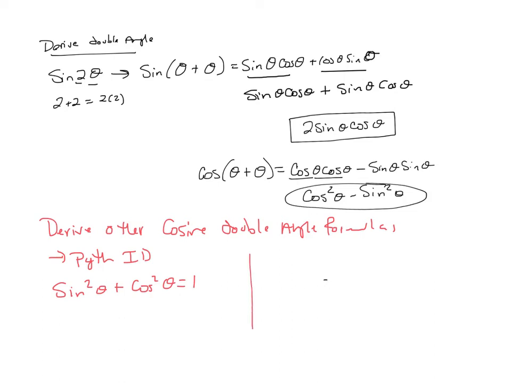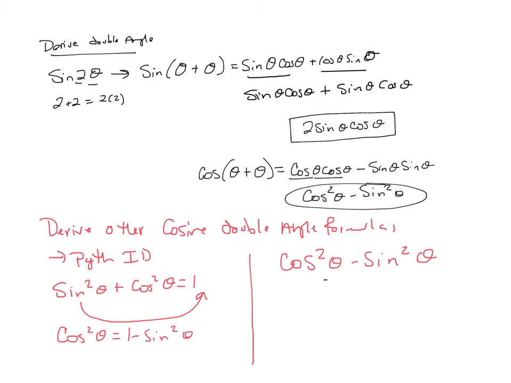With the cosine squared theta minus sine squared theta, I can go ahead and manipulate this Pythagorean identity and use substitution. So let's move sine over here. So we could have cosine squared theta is equal to 1 minus sine squared theta, or vice versa. We could have sine squared theta is equal to 1 minus cosine squared theta. Same thing, just one with the other trig function on the other side.